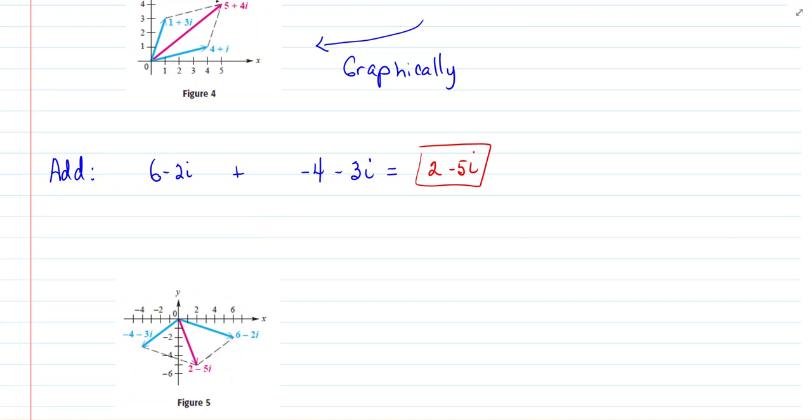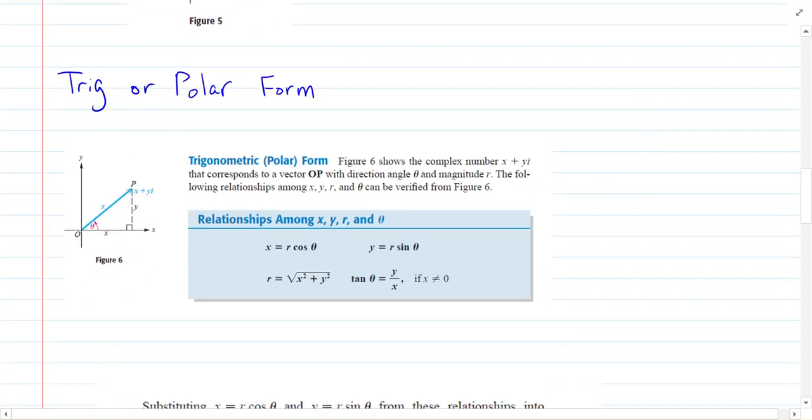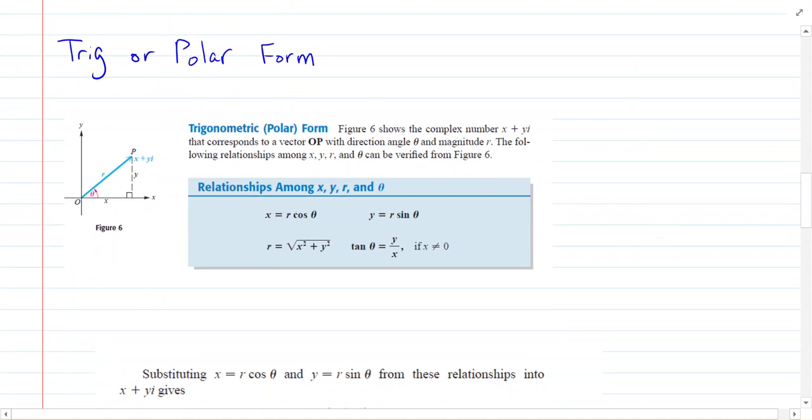So now the trig or polar form shows that x is r cosine theta and y is r sine theta. r is equal to the square root of x squared plus y squared, and tan theta equals y over x. Those are all some relationships among x, y, r, and theta.